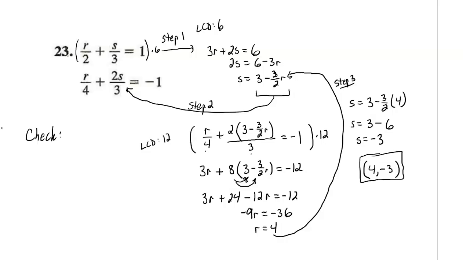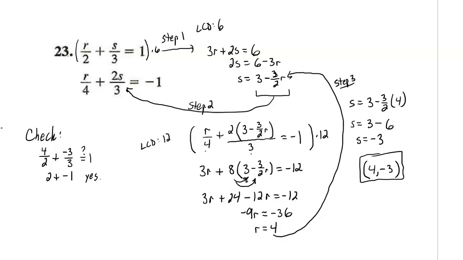So in the first equation, where the letter R is, put in the 4, and where the letter S is, put in the -3, put in equals with a question mark, and then the 1, and actually work this out. 4 divided by 2 is 2. -3 divided by 3 is -1. Is 2 plus -1 equal to 1? Yes, it is.